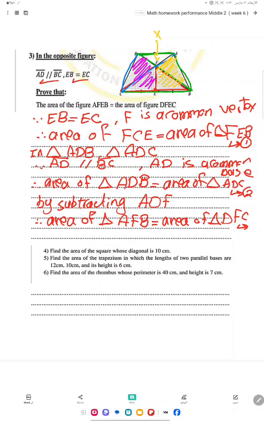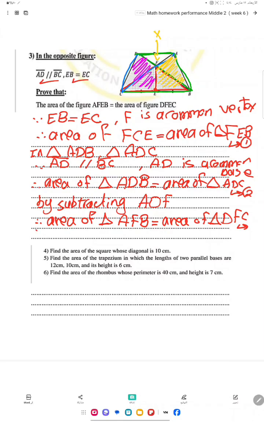Okay, as we said, the area of triangle ABF equals the area of triangle DFC, and also from number 1, the area of triangle FBE equals the area of triangle FCE. So if we add the two triangles, we will get the figure ABEF equal the area of the figure DFEC.